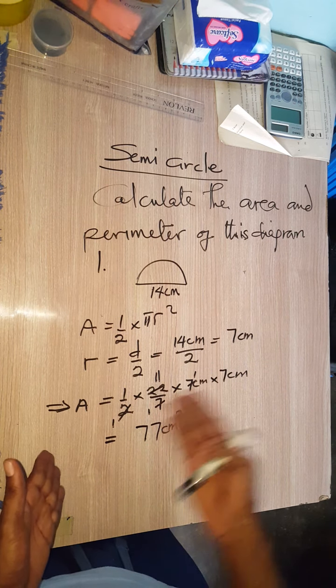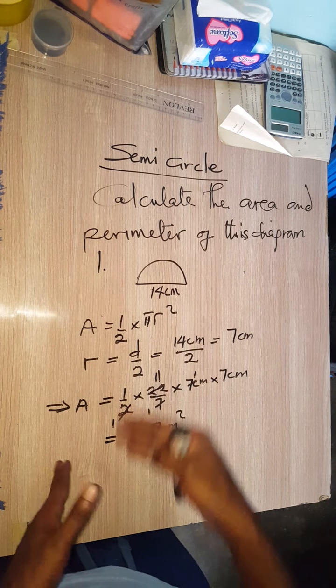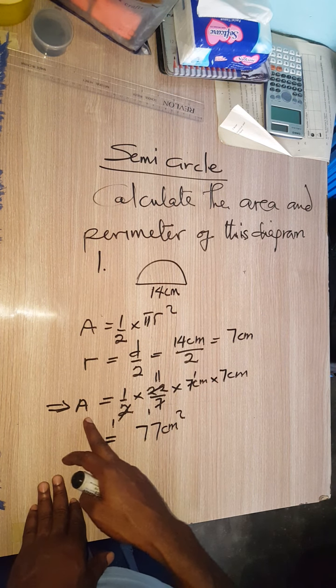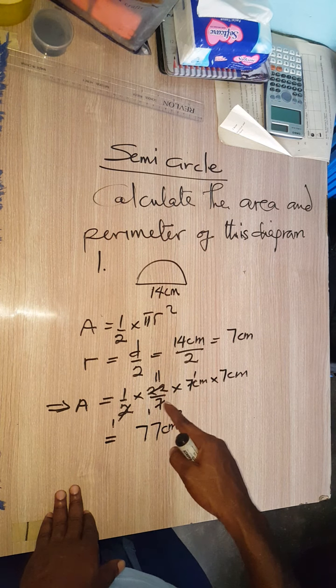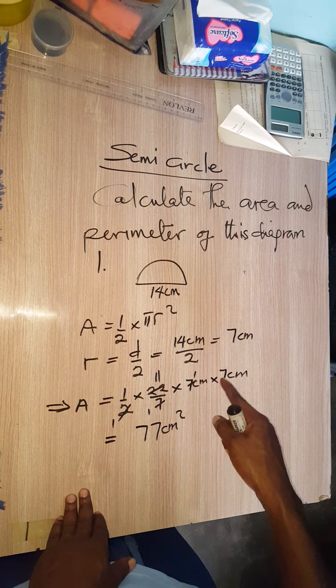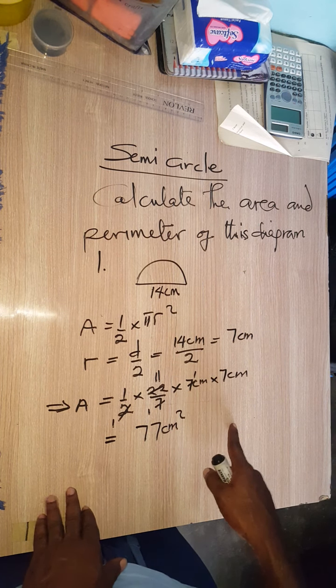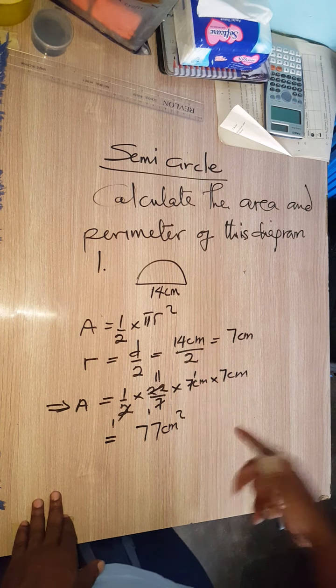We now put it into the formula. We have A equals 1/2 times the pi, which is 22/7, times radius 7 centimeters times radius 7 centimeters. Remember that the radius is squared.